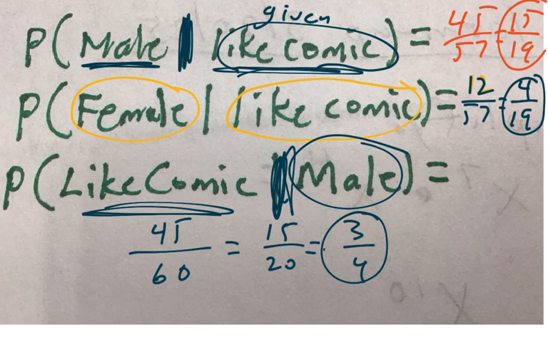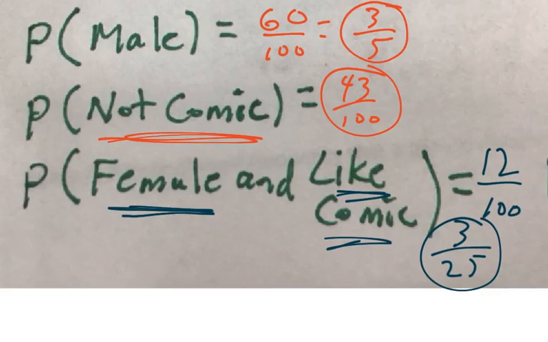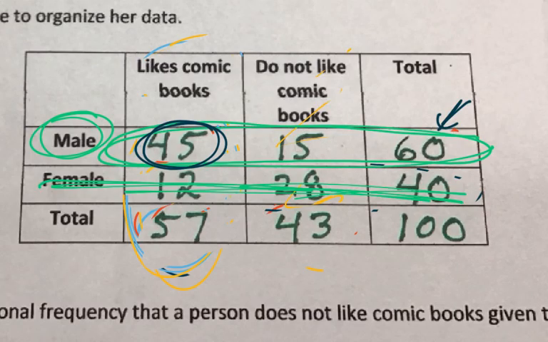Hopefully you do. If not, let me know Monday and I'll teach it to you. Okay. More importantly, I guess, do you know how to calculate these basic conditional probabilities as well as straight up regular basic probabilities? And you get that information from reading a two-way table.